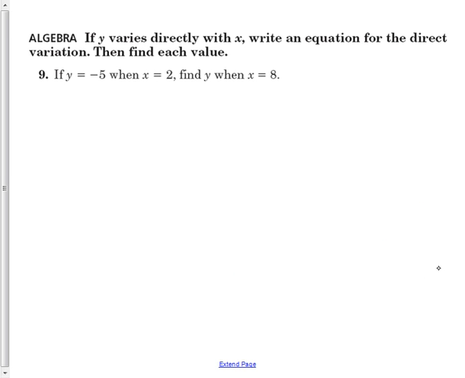Okay, for our last example, it says here, if y varies directly with x, write an equation for the direct variation, and then find each value. So it says, if y equals negative 5 when x equals 2, find y when x equals negative 8.